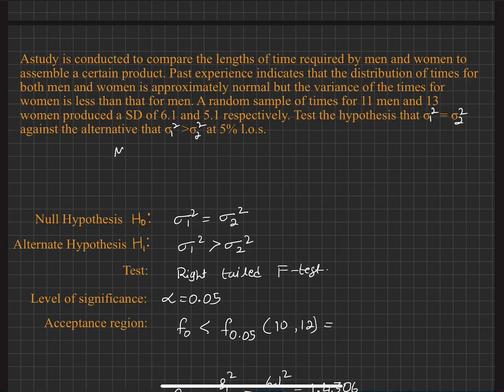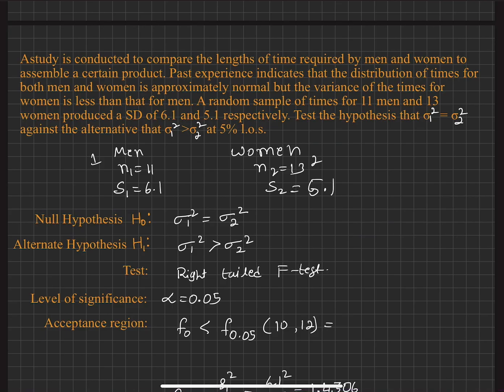So let us take men and women. We have two sets of data with subscript 1 corresponding to men and subscript 2 corresponding to women. Here n1 is given as 11 men and n2 as 13 women, and standard deviation S1 is 6.1 and S2 is 5.1.